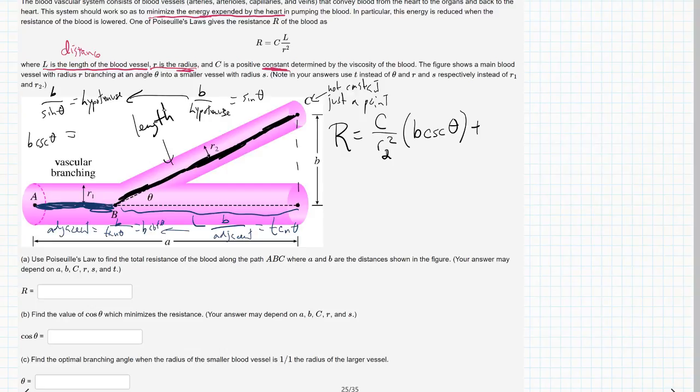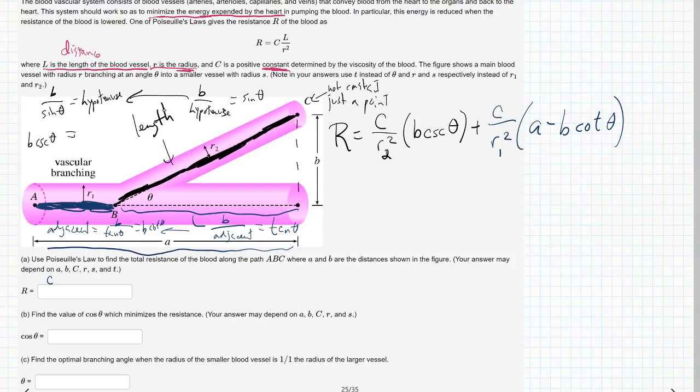Okay, so this will be C over, now what we're looking for is R1 squared, right? We're dealing with this. So notice we've got to take that distance and subtract it from this whole distance, A. So this should be A minus B cotangent theta. And so that's our formula that we're talking about.